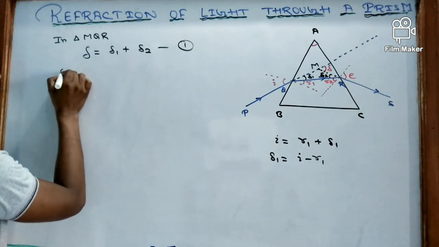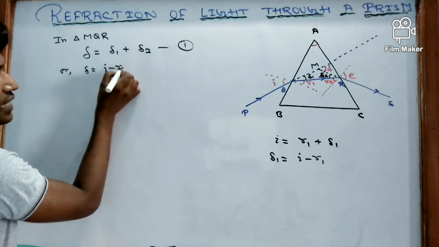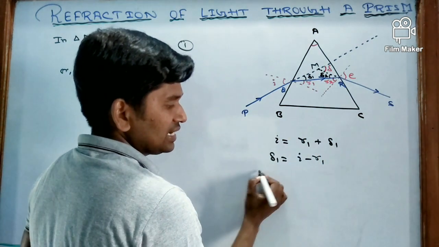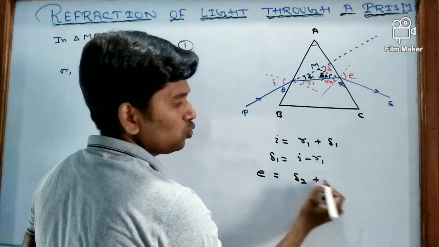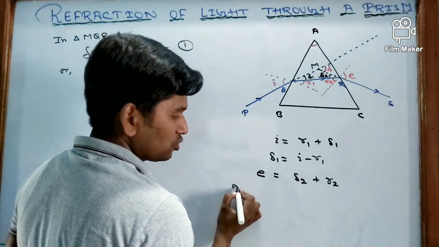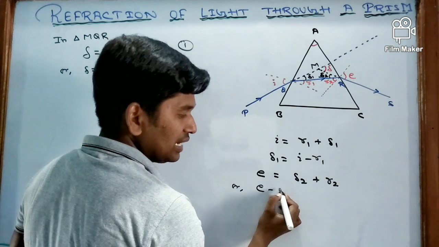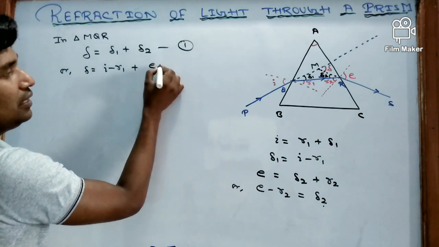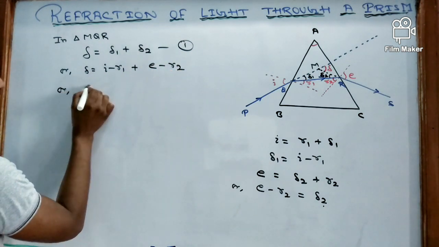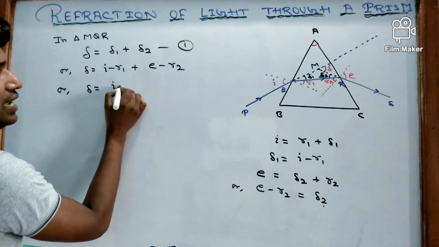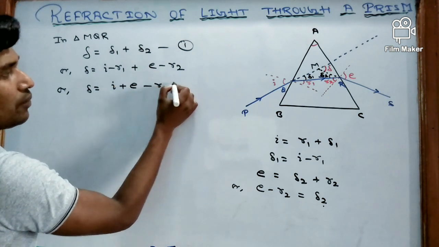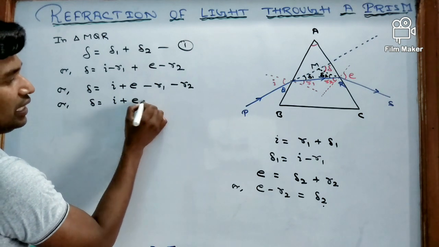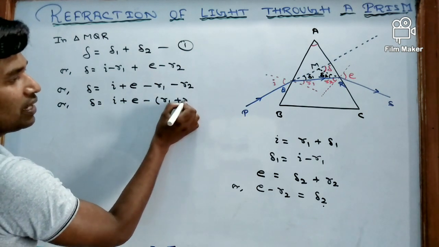Similarly for delta 2, we can write E is equal to delta 2 plus R2. Bringing R2 to this side, we get E minus R2 is equal to delta 2. So in place of delta 1 and delta 2, delta is equal to I plus E minus R1 minus R2, or delta is equal to I plus E minus, taking common, R1 plus R2.